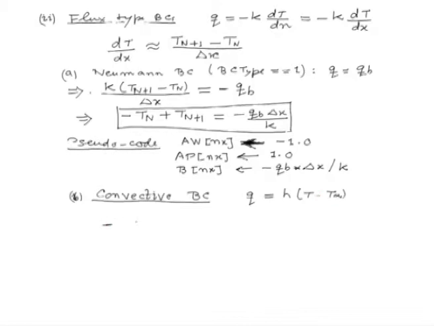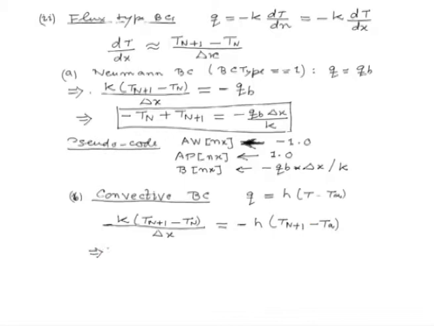So it says k times T of n plus 1 minus Tn divided by delta x is equal to minus h times Tn plus 1 minus Ta. Remember, in our writing we have just transposed the signs.